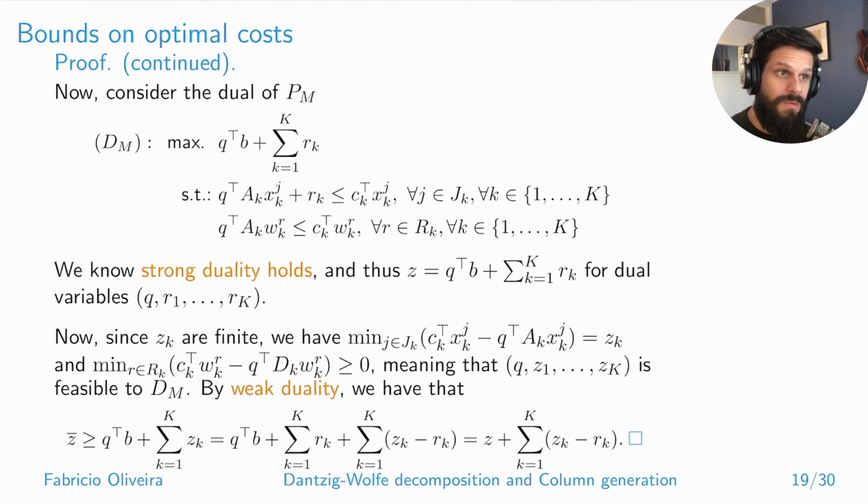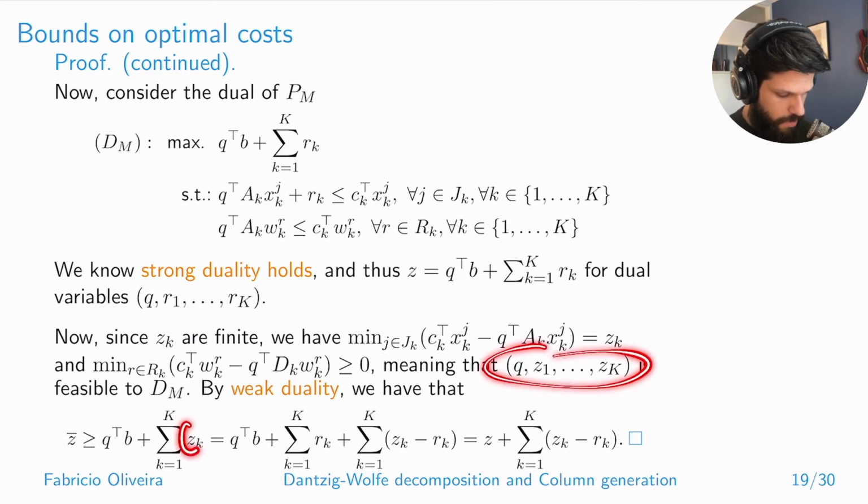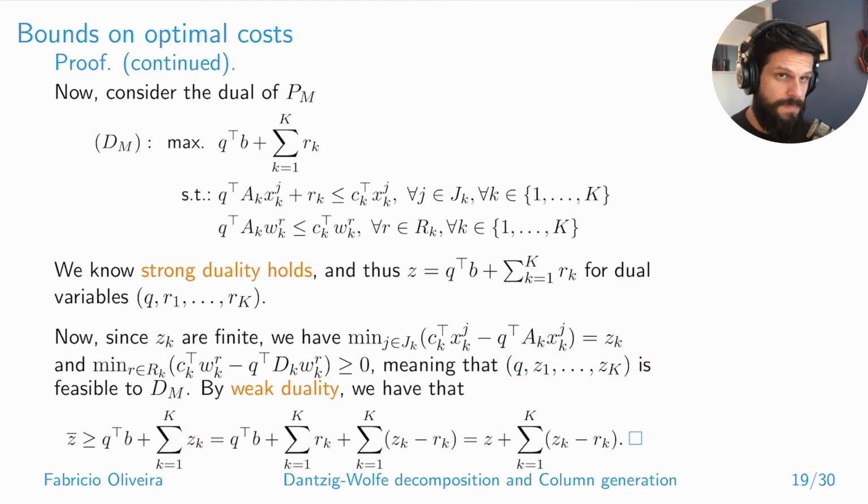So it is truly a dual feasible solution for my original problem that, if I could solve it, would return me z bar. This is why I can use a weak duality argument here, using this dual feasible solution, now replacing the r's with z's here.